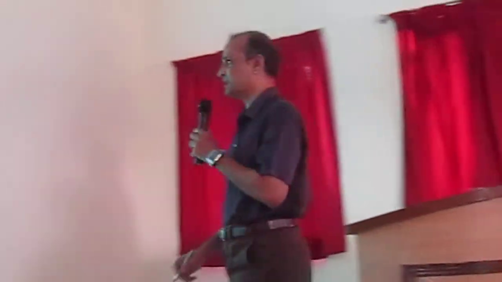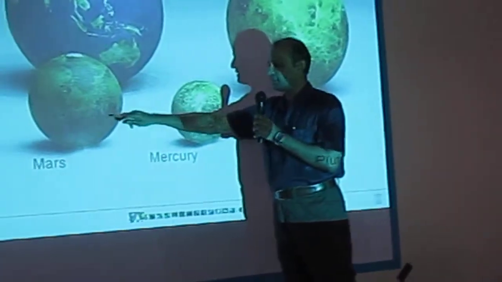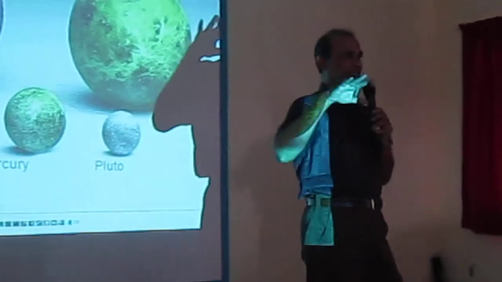Now, we would like to look at the size of these planets. That's what we have started with. I have shown that first diagram with the inner planets: Mercury, Venus, Earth and then Mars. At this scale, our planet Earth is going to be very huge.